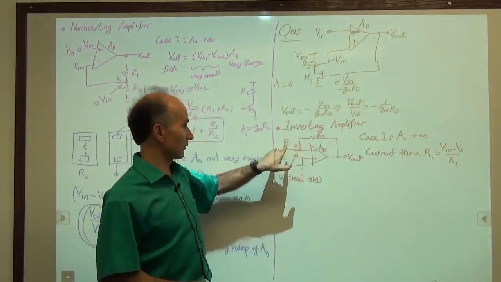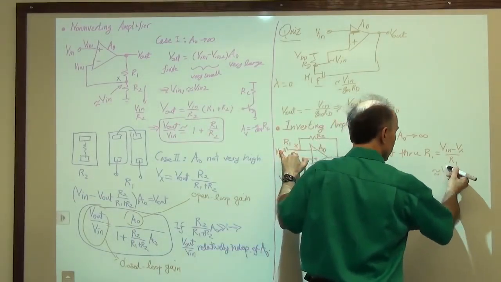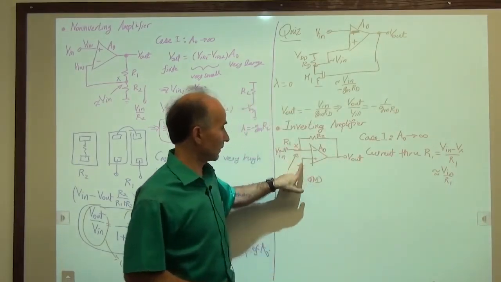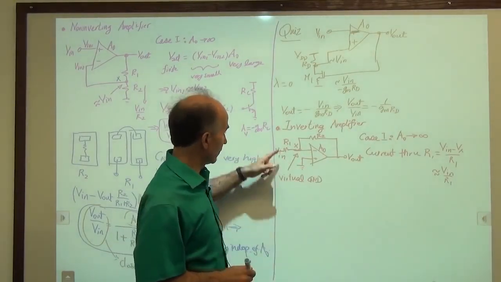This voltage minus this voltage over this resistance is approximately equal to V in over R1 because Vx is so close to 0. All right. So that's the current going this way.